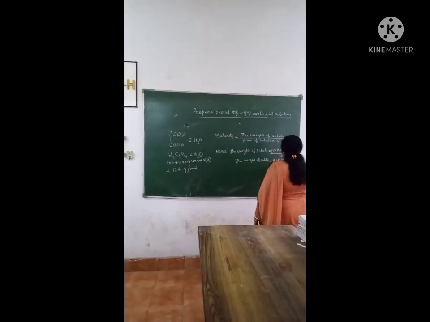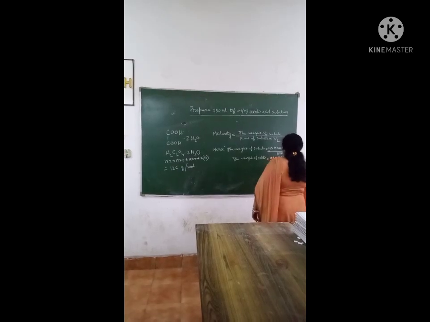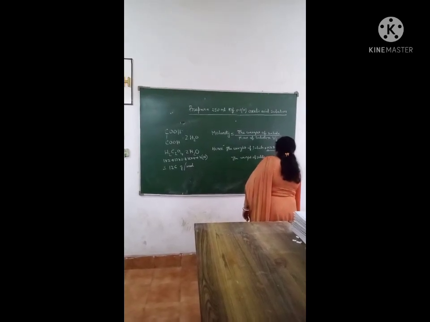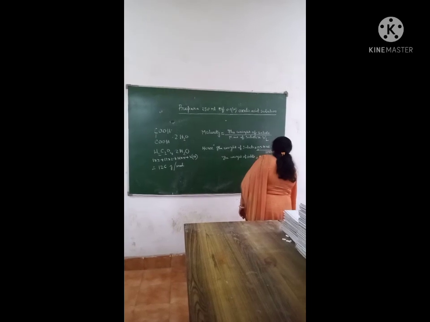So 0.1 into 250 into 126 divided by 1000 comes as 3.15 gram.